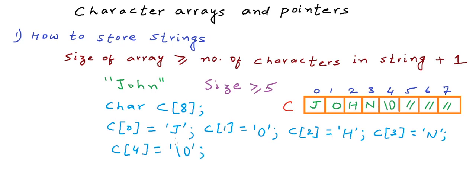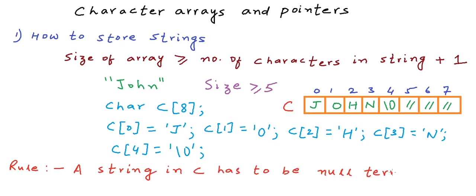Within single quotes we put a forward slash and number 0. This is the null character. All the functions for string manipulation in C expect that strings will be null terminated. So this is a rule. A string in C has to be terminated by a null character, and that's why we need one extra space to store this null character.